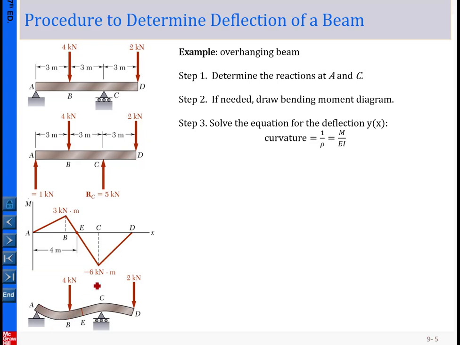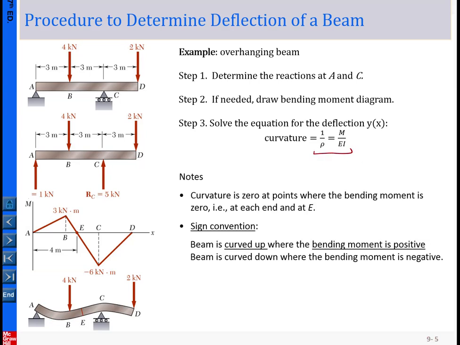Once we know how to solve this equation, basically the shape will be like this one here. Here are a few notes before we do more quantification of the result of this equation. Let me make a few qualitative descriptions of the deflection of the beam.